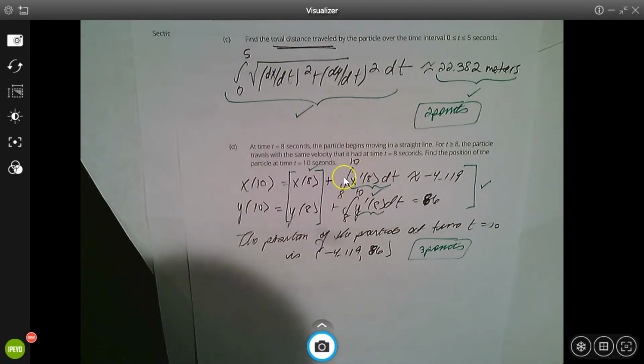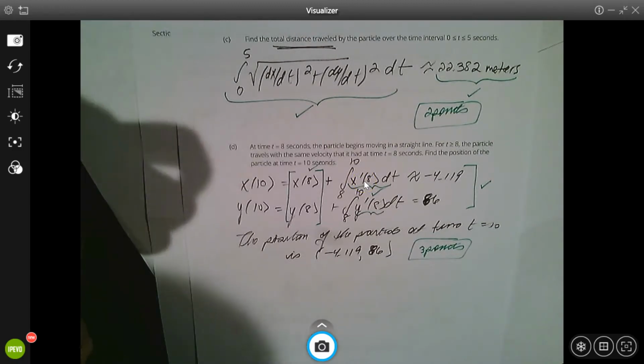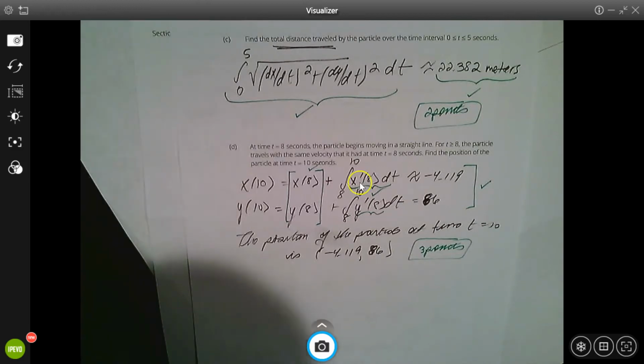Something that you could have done differently is that because you're told that the particle moves in a straight line with the same velocity, you could just say, well, if I know the velocity in the x direction, that has some numerical value, and I'm traveling in that direction for 2 seconds, rather than integrating from 8 to 10, you could have said, what's this numerical value? Let me multiply that by 2 and add it on to the position at time 8. Do the same thing down here with the velocity in the y direction at time t equals 8. It all works out to be exactly the same thing. All right, that's it.